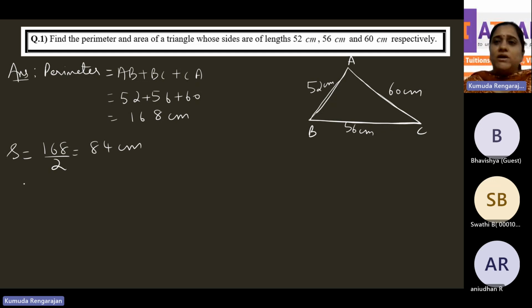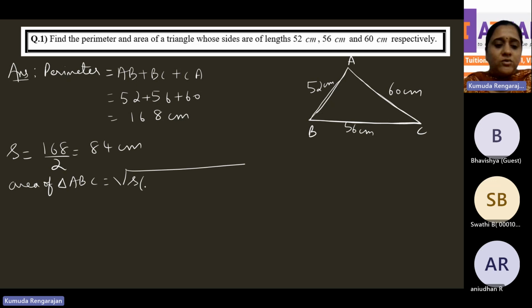Now the formula to find area. Area of triangle ABC is equal to square root of S into (S minus A) into (S minus B) into (S minus C) square units.